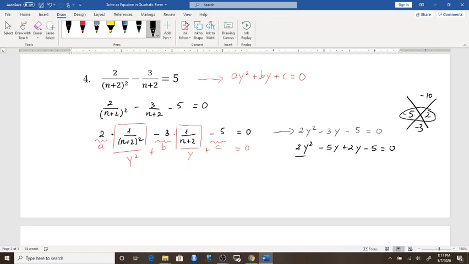And then let's group the first two terms. The greatest common factor is y, which multiplies 2y minus 5. If you look at the last two, the greatest common factor is just 1. They multiply 2y minus 5 equal to 0.